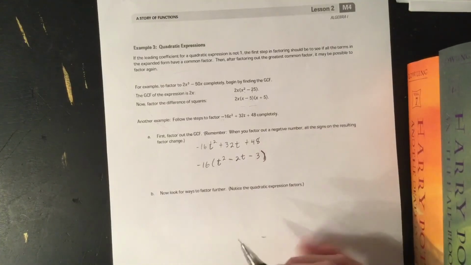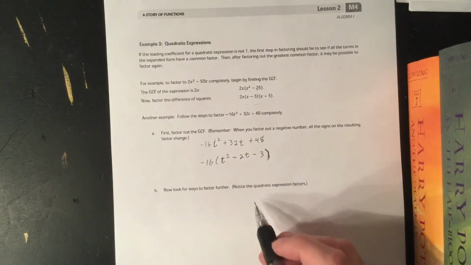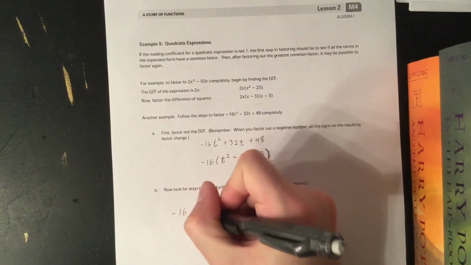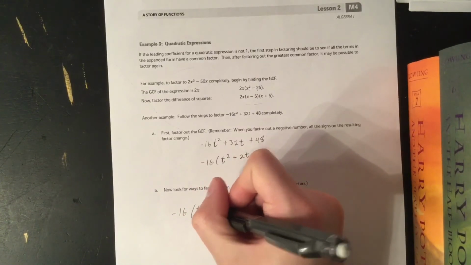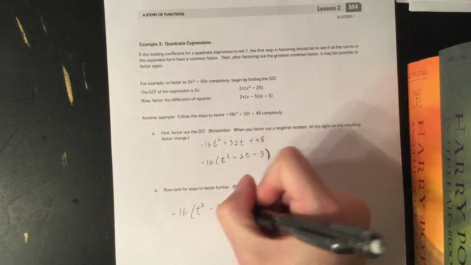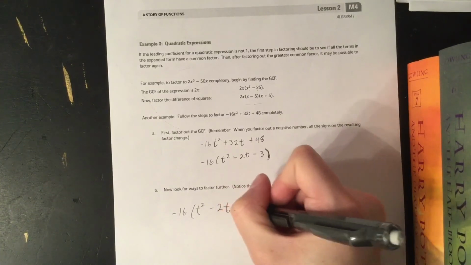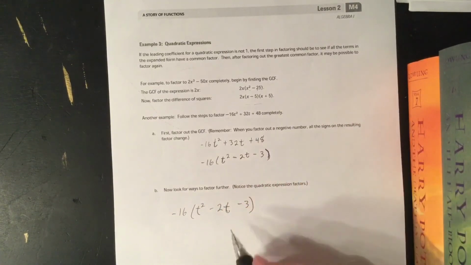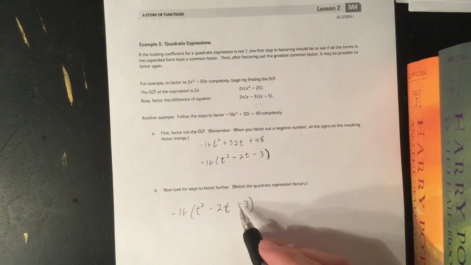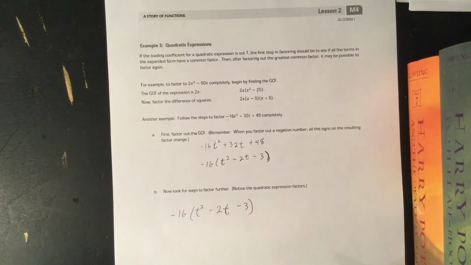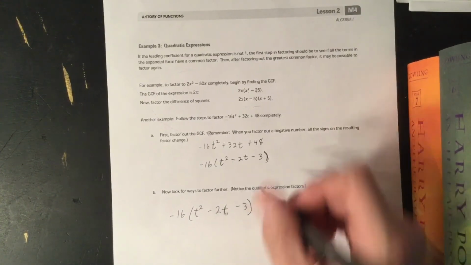Now we can look for ways to further break it down. So now we have negative 16 times t squared minus 2t minus 3. We can look here: this is negative, so we have to multiply a positive times a negative, and we're going to end up with a negative 2.